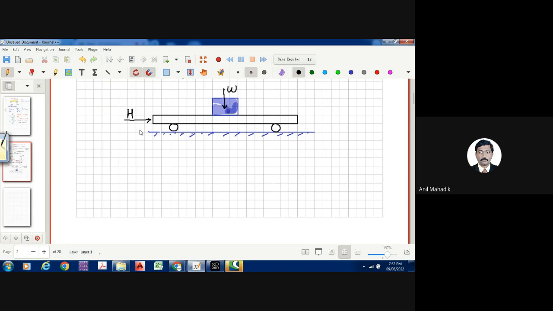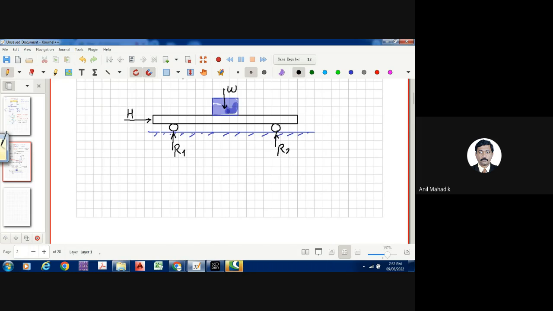So what will happen in this system? Will it move horizontally? It will move horizontally, and will it move downward? No, definitely not, because the supports are giving resistance in the vertical direction. Let's say it is R1, R2, whatever you want.